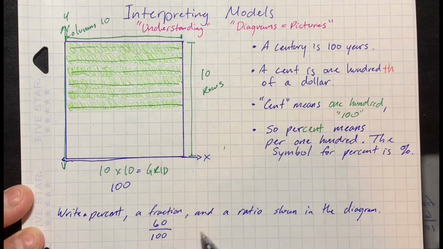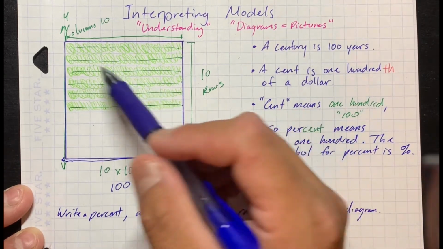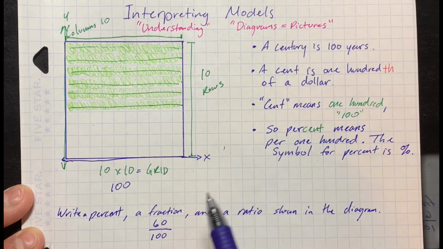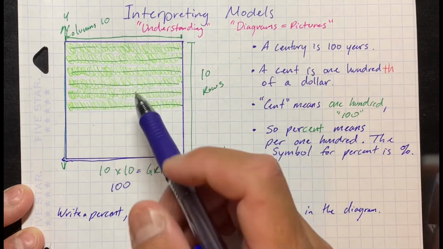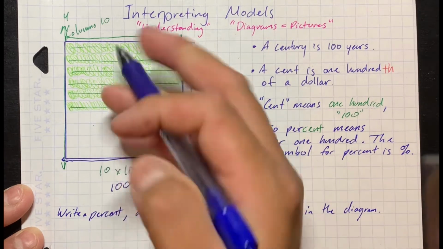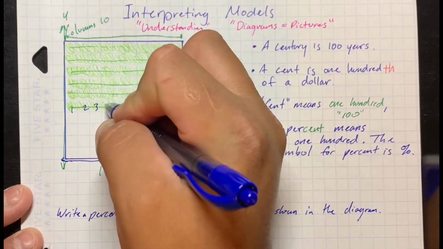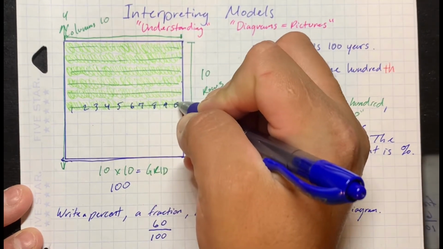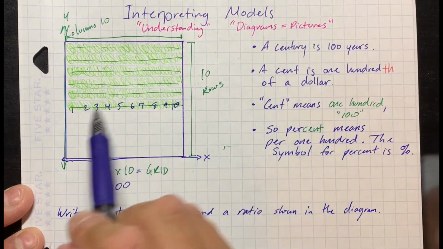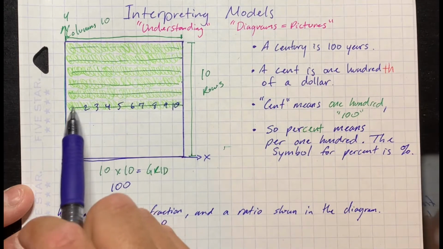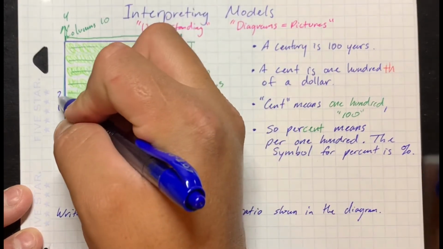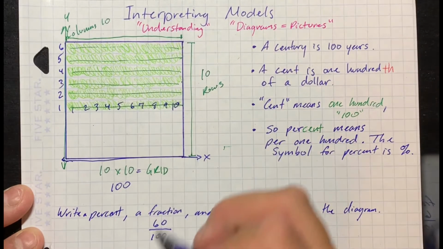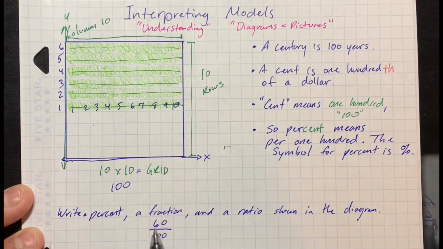Again, all the green areas are shaded. There are 6 rows, and each row has 10 units. So 1 row, 2 rows, 3 rows, 4 rows, 5 rows, and 6 rows, 6 times 10 is going to be 60.